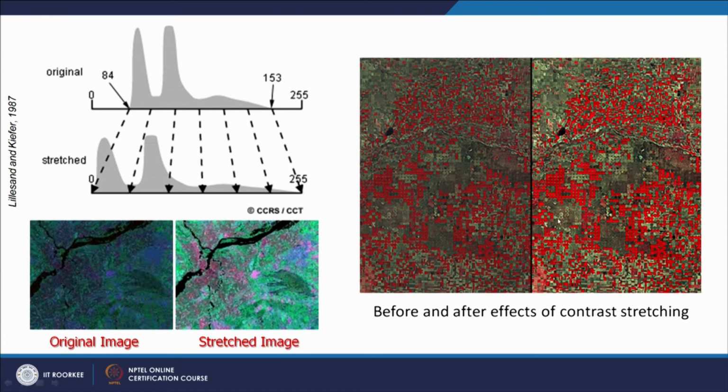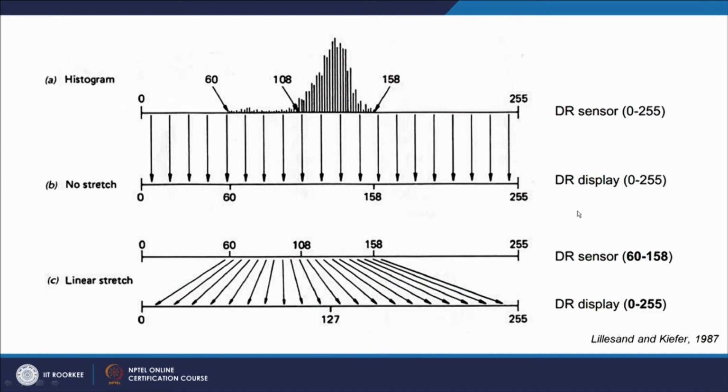Similarly, before and after effects of contrast stretching are shown here. The interpretation may be very difficult, but once the contrast of the image has been improved by applying a simple image enhancement technique, our interpretation will definitely improve.